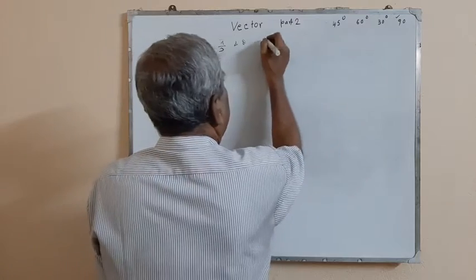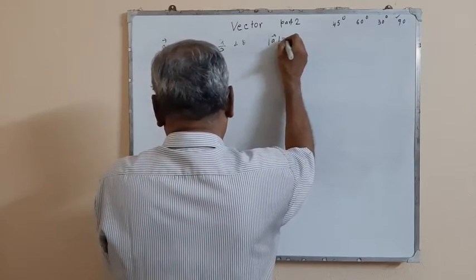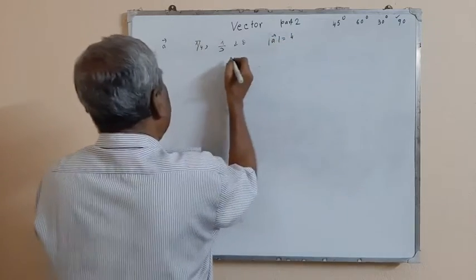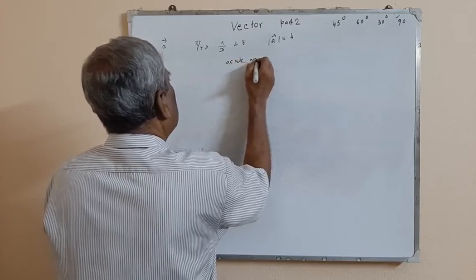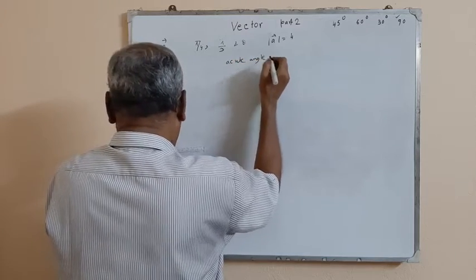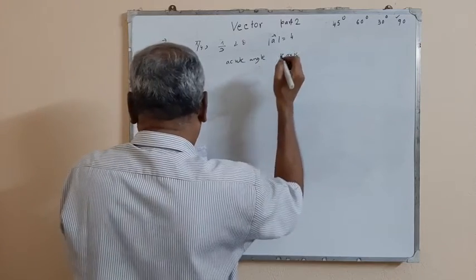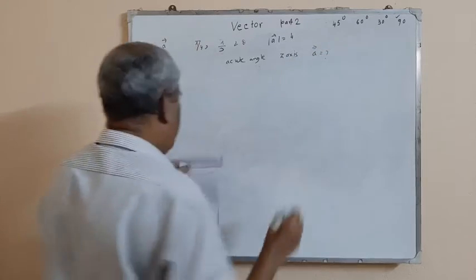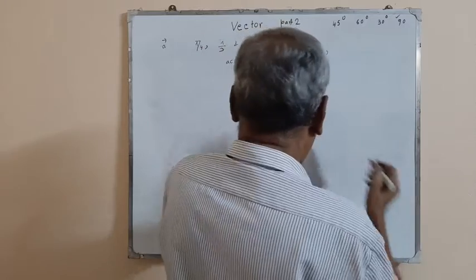And if magnitude A is equal to 4 and A makes an acute angle with the z-axis, then A vector is... options.